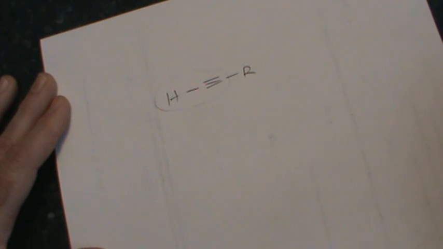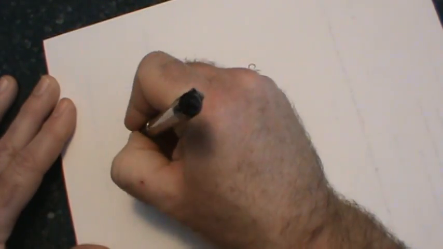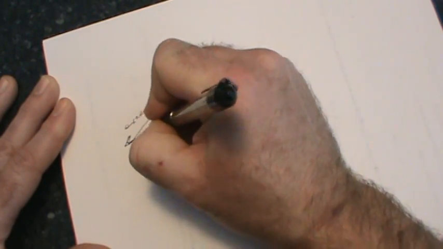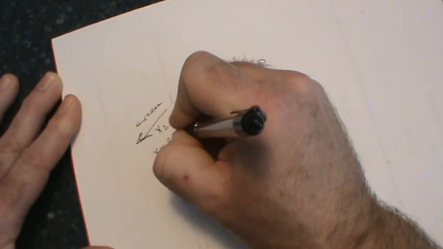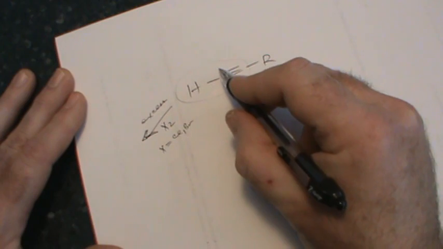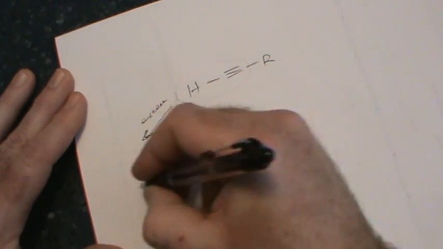A couple of reactions we've learned. One is that we can hit this alkyne with excess X2. And what we're going to do is we're going to halogenate twice. So we're going to add XX across the first pi bond and then XX across the second pi bond.